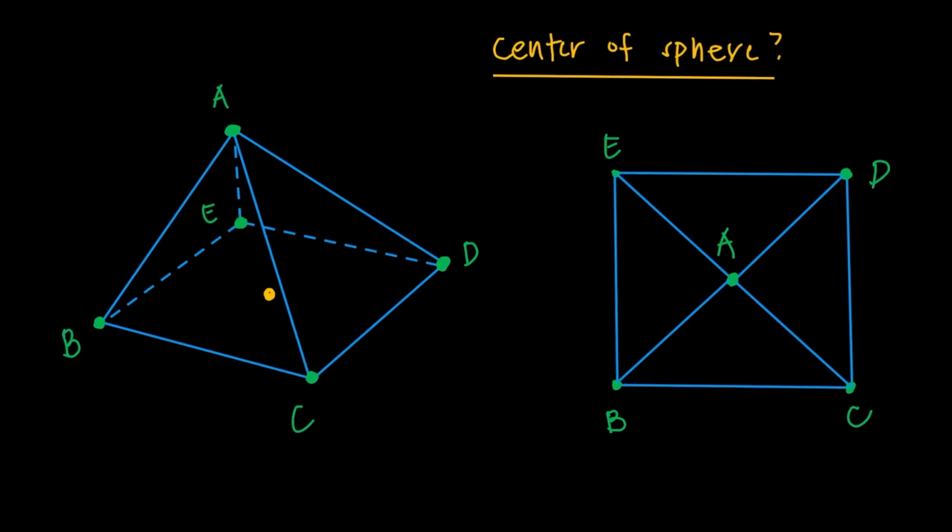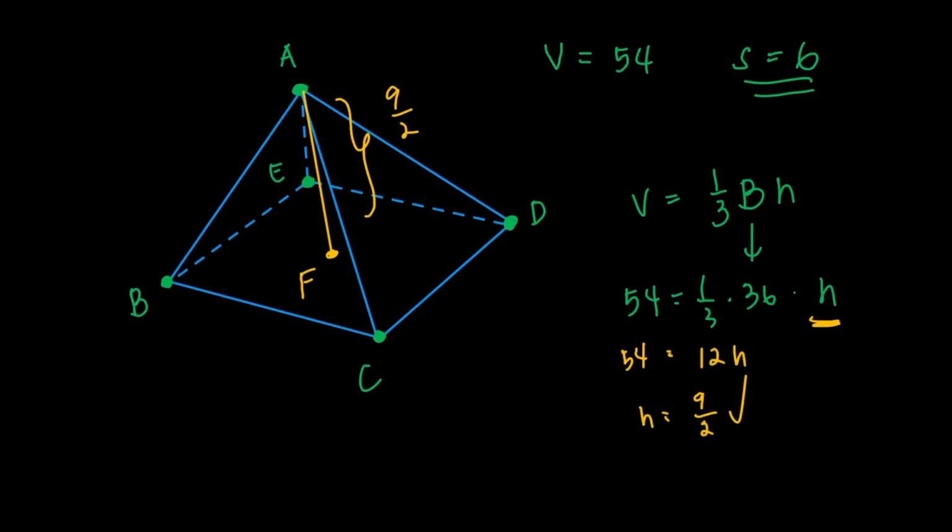Now, because all 5 points are on the sphere, the top view suggests that the line that goes through the screen through A is in effect the height, because AF is the segment that involves the height, and F is the center of the square.